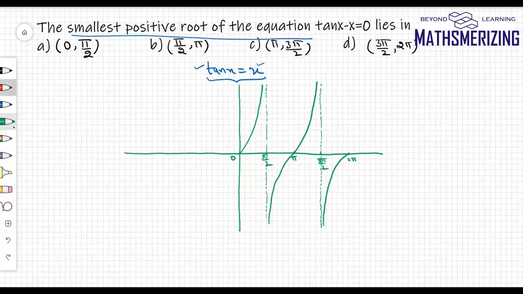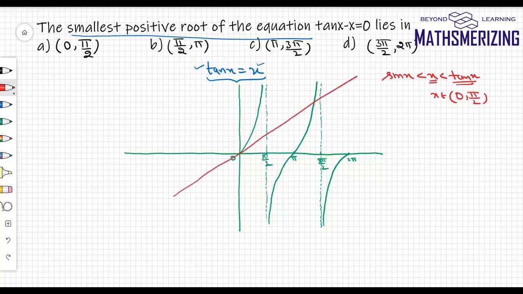Now I'll draw the graph of the y equals x line. Now what I clearly know is the calculus inequality says sin x is less than x is less than tan x when x belongs to 0 to pi by 2. That means the graph of the y equals x line will lie below the graph of tan x in the first quadrant. So that is the graph of the y equals x line.